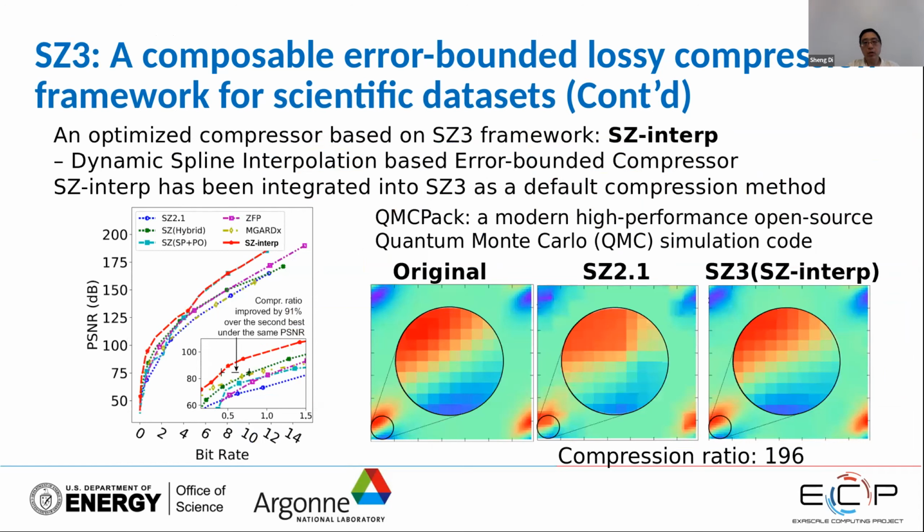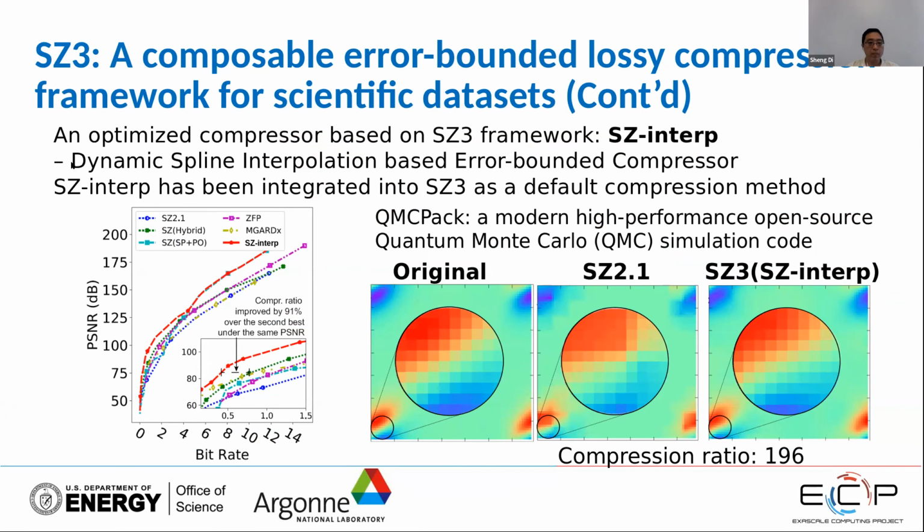Okay, so I'm going to show several success stories based on the SZ3 framework. The first success story is the interp compressor. This compressor was published in ICDE 2021, and it can significantly improve the compression quality over the previous version SZ2.